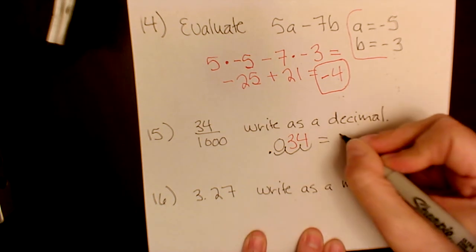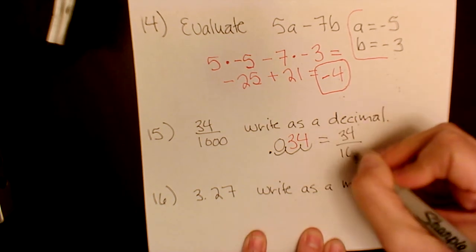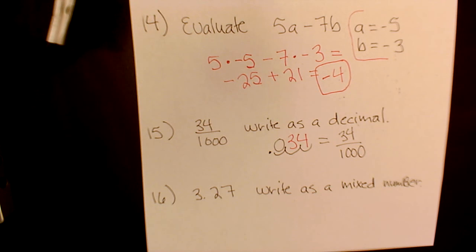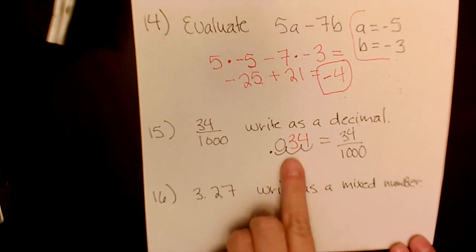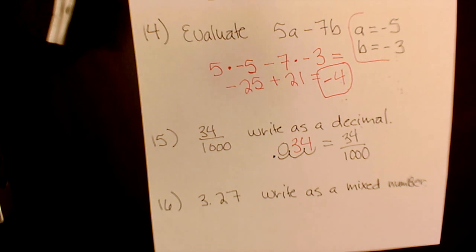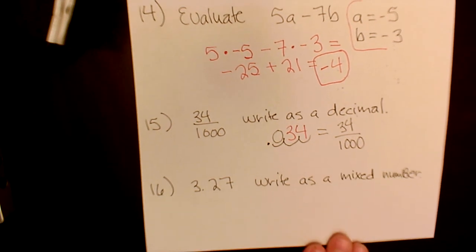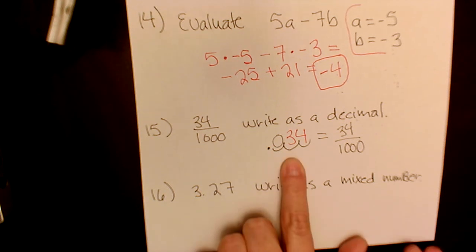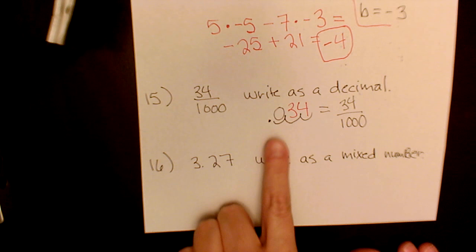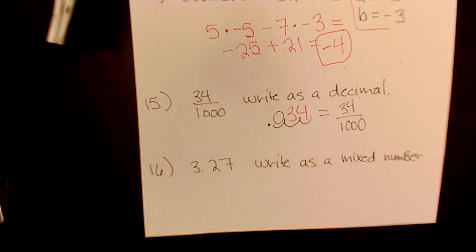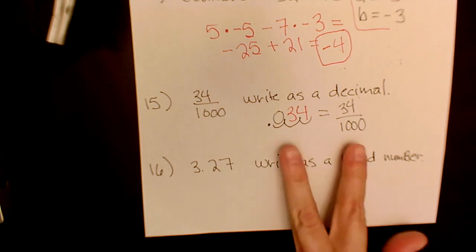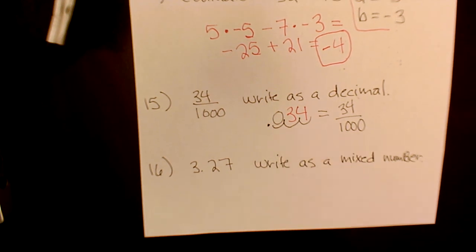So my answer is 0.034. Just writing the 34 down and counting over 3 spots because I've got 3 zeros. You could also long divide that if you wanted to. It's up to you. I think this is shorter. So here's the fraction, here's the decimal.